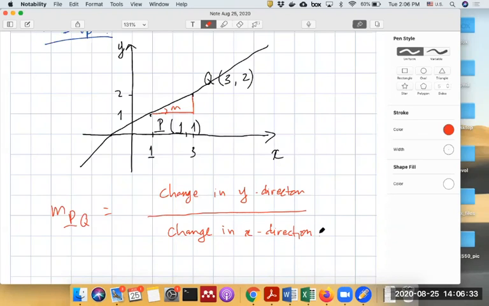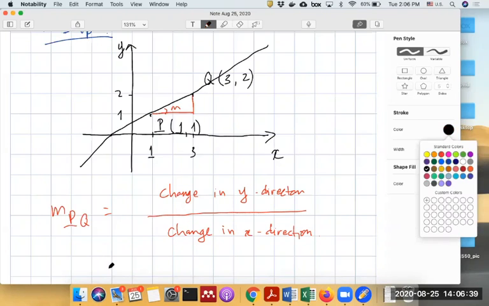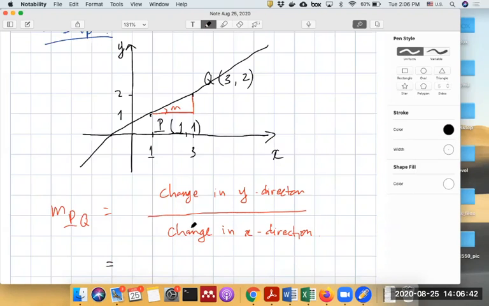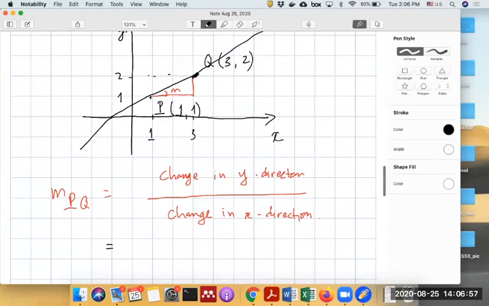In this case, what is the change in Y and what is the change in X? Any idea? The change in Y is the coordinate of Q minus the coordinate of P, which is 2 minus 1, in Y. And in the X direction, it goes from 1 to 3, so the change is 3 minus 1.